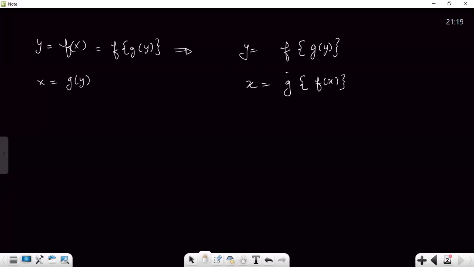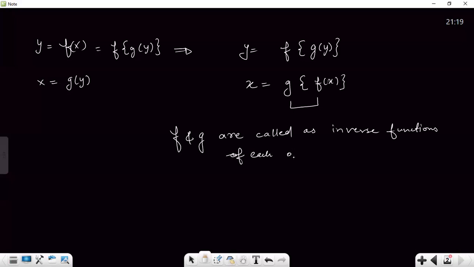Here f and g, you can see, these functions are called inverse functions of each other.